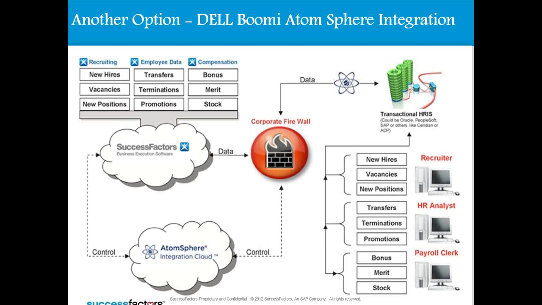The customer doesn't have any need to maintain any software here. Everything is taken care by the Dell Boomi data center. And as SuccessFactors had a pre-SAP acquisition partnership with Dell Boomi, the Boomi license is inclusive for customers who have SuccessFactors Employee Central license.